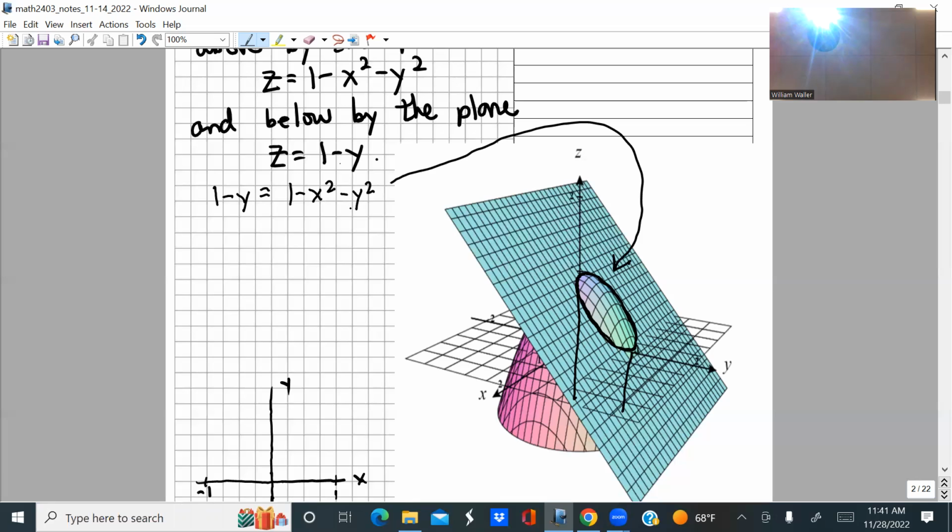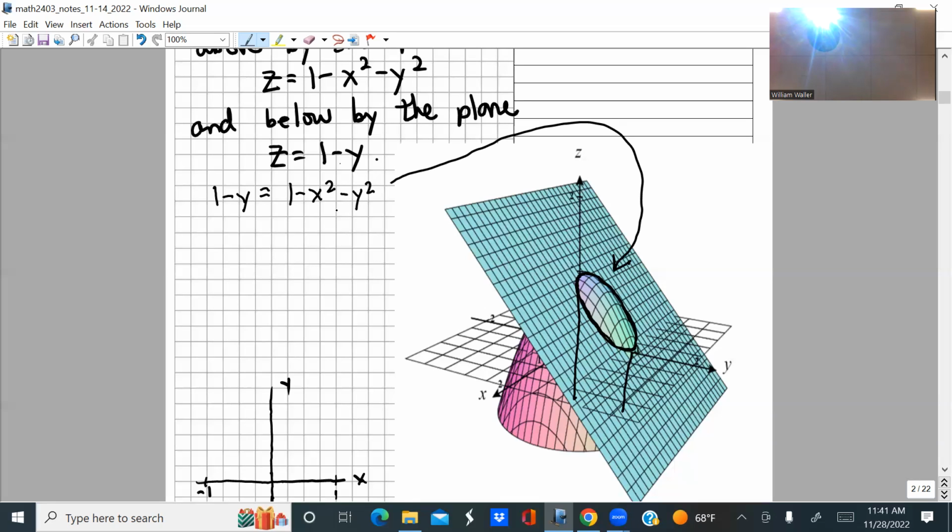The solutions to this equation will be the xy coordinates where these two surfaces intersect each other. In other words, those will be the xy coordinates that give us the same z values.